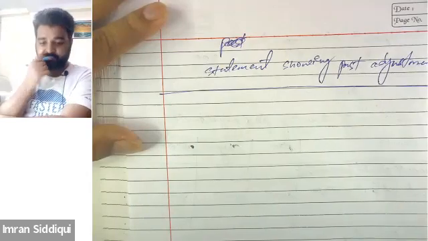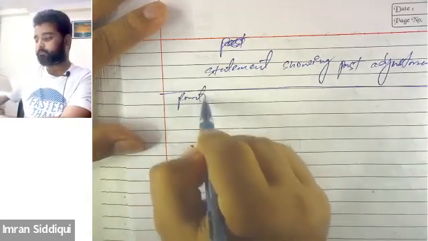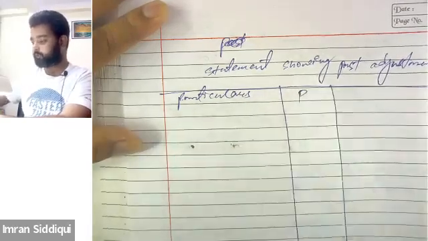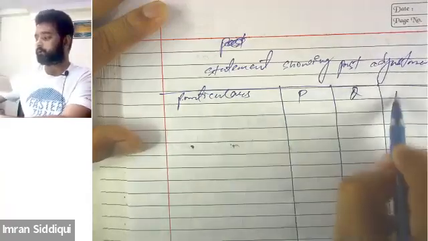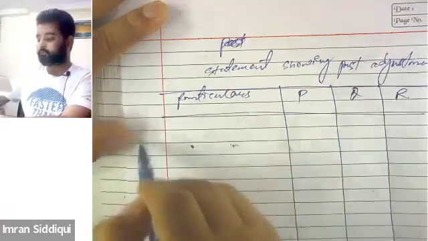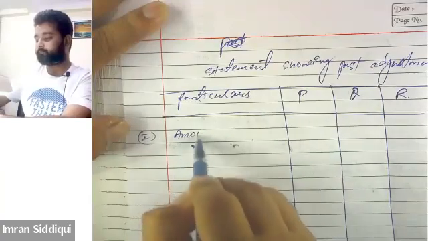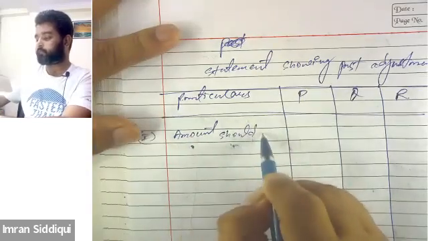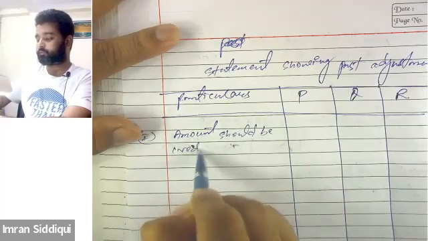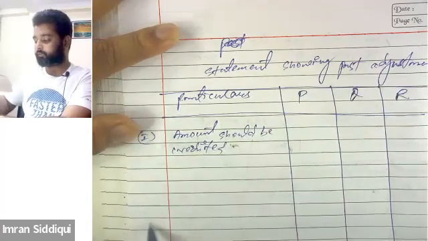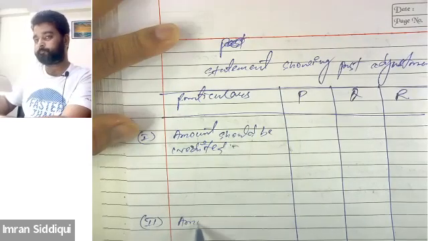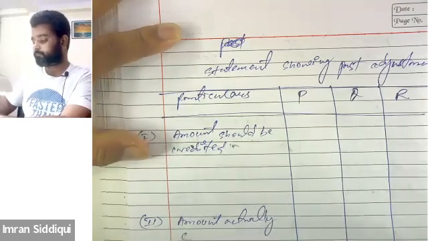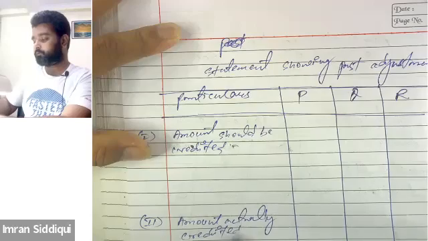Okay, and in this question, we have again three partners. So, particulars: balance of P, balance of Q, and balance of R. Then we'll write down the amount that should have been credited, and then we'll write down the amount actually credited.